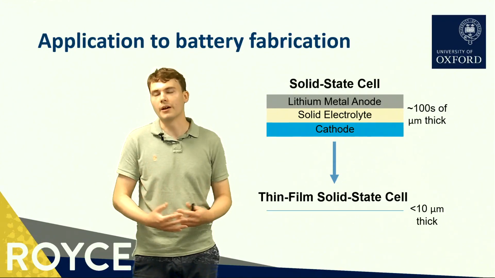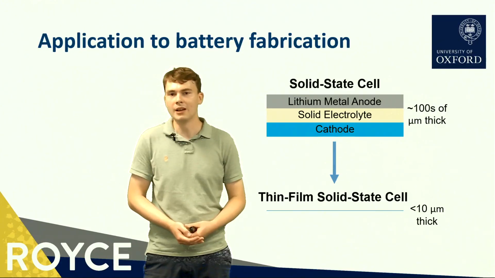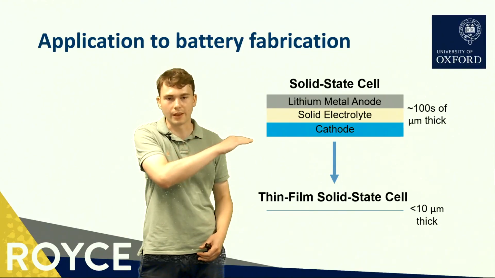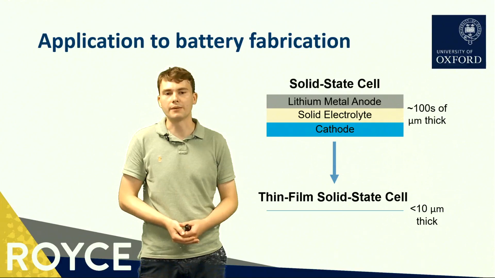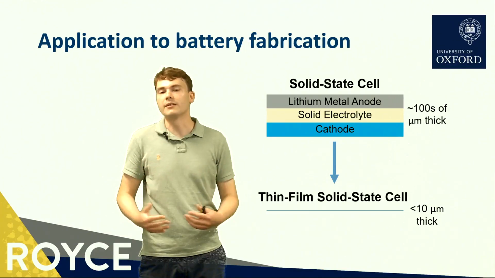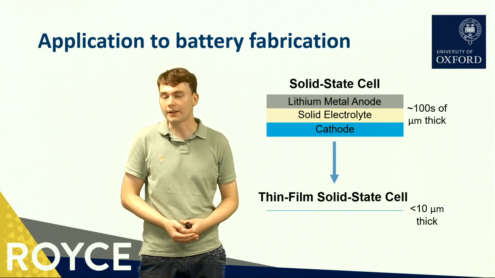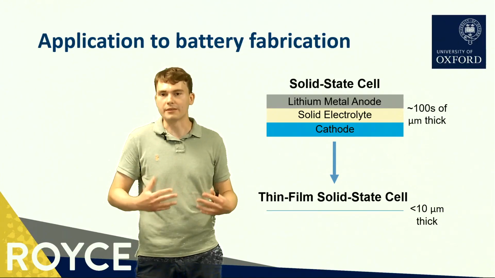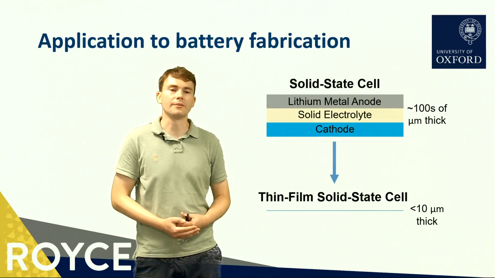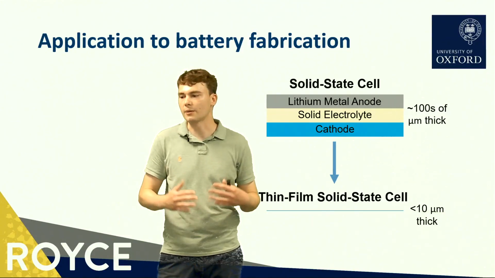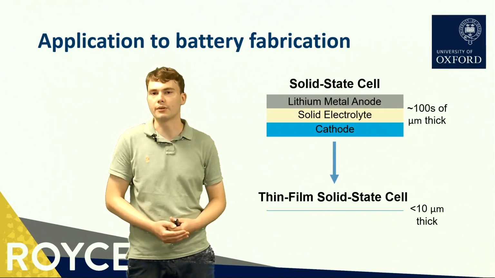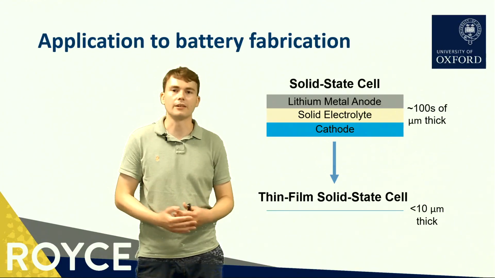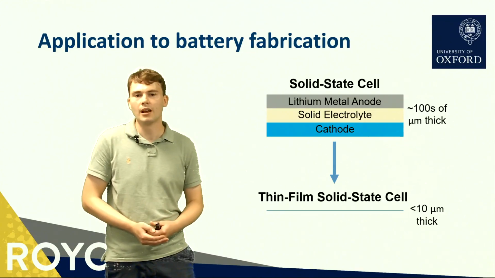But there are some other benefits. For example, you can get very high-quality solid-solid contact between the layers if you deposit using PVD. PVD techniques also lead to very low defect densities and very high relative densities. And that means that the energy density of the cell is maximized. It also means that defects which might act as sources of failure during cycling are eradicated, so that leads to better cycling performance.